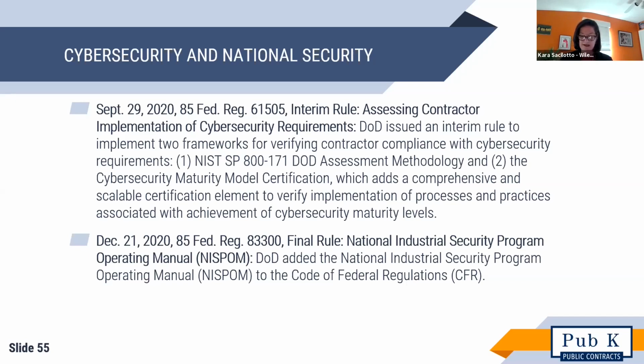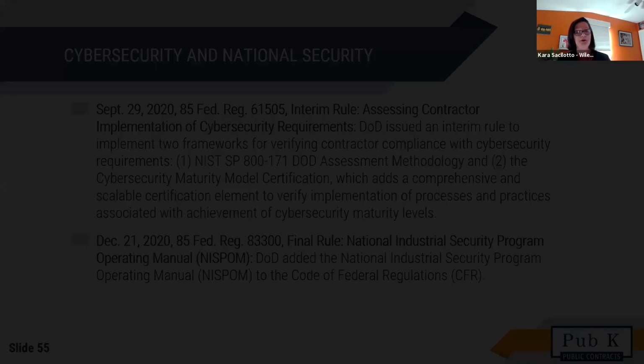Both the NIST and the CMMC clause include flow down requirements that prime contractors will have to oversee and implement in their supply chain as appropriate, depending on the type of information that subcontractors receive. Going to the next slide.